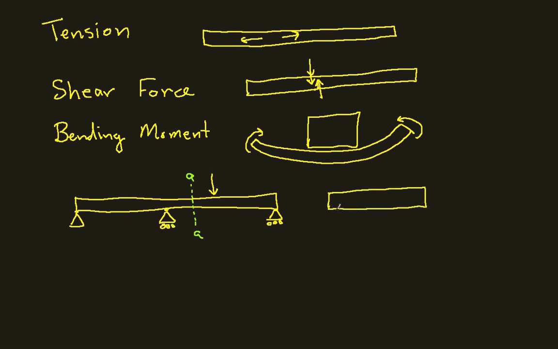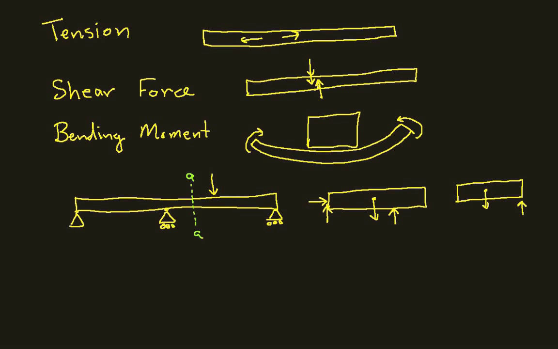So I'd have this guy here. I'd have reaction forces here and an upward force here, and maybe a weight force that the beam itself represents. And then I'd have over here the other half of the beam, and I have an upward force here, and again I might have a weight force.